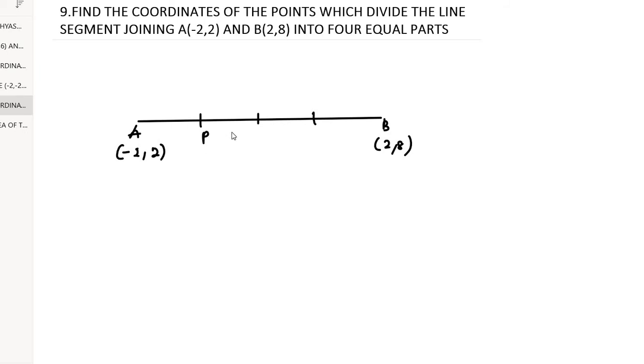I'm taking this as P, this is Q and this is R. We have 4 equal parts now, right? So I'm going to take Q as the midpoint of AB.